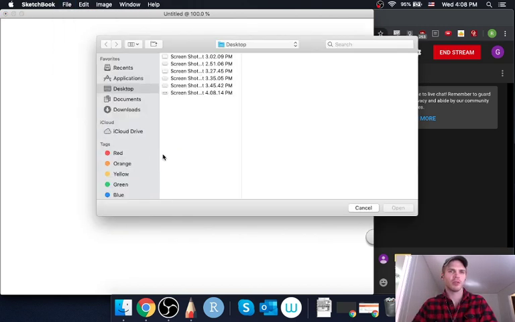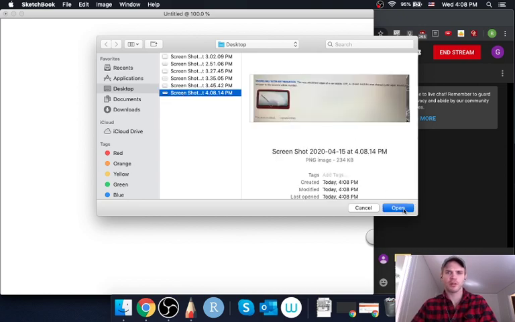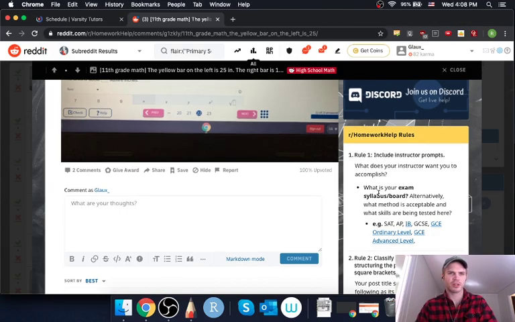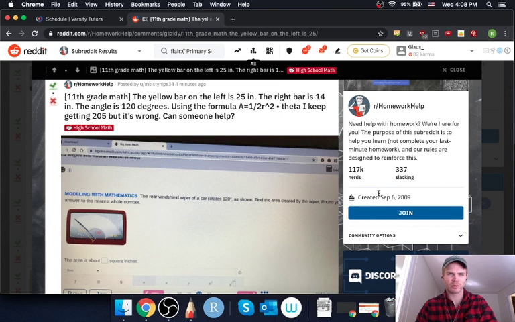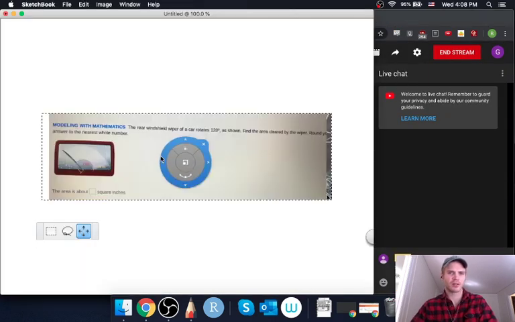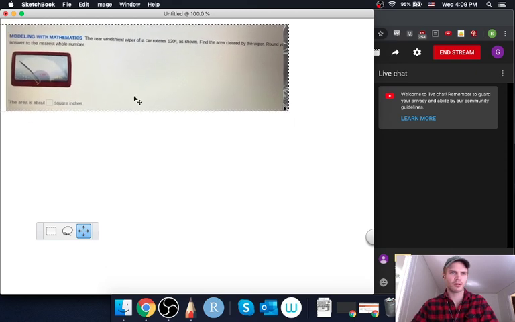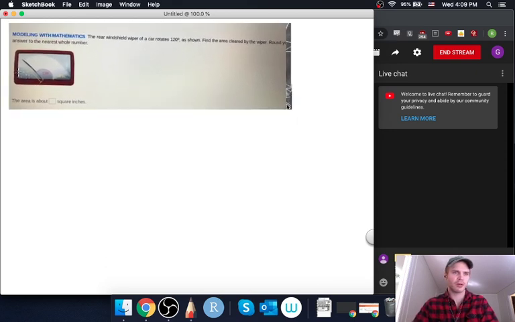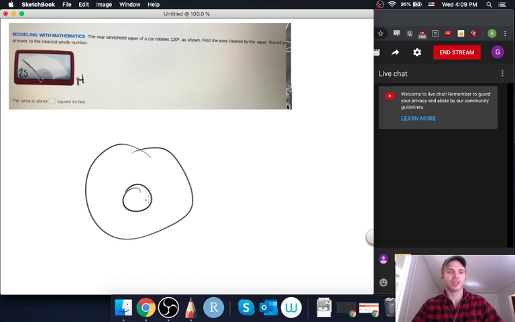Let's add an image. And then I actually just want to quickly see what those measurements are. So 25 and 14, because they're kind of hard to see. All right, so 25 and 14. Oh, that's even harder to see. And that's in inches. So essentially what you have is a circle with a concentric circle around it.